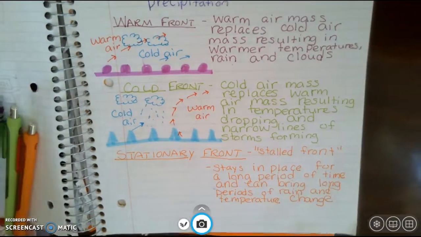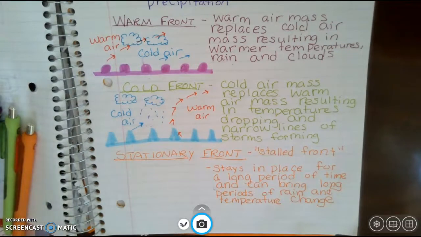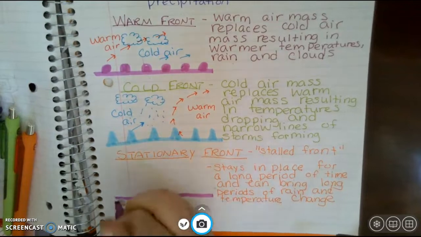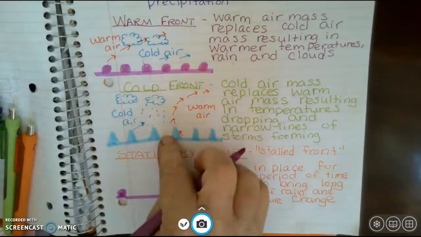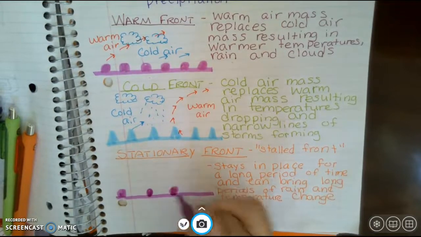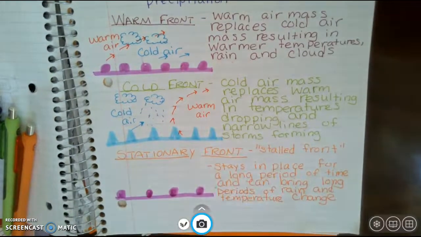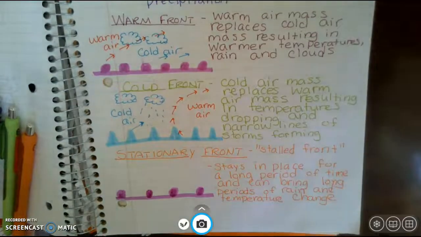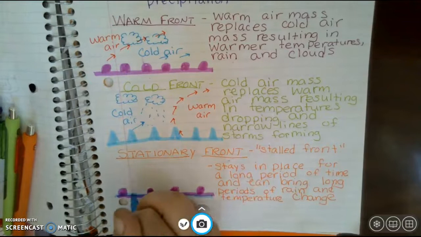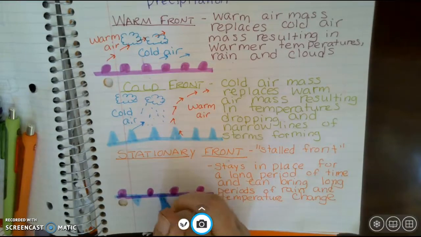When we see this on the map, it looks like a combination of the warm front and the cold front.